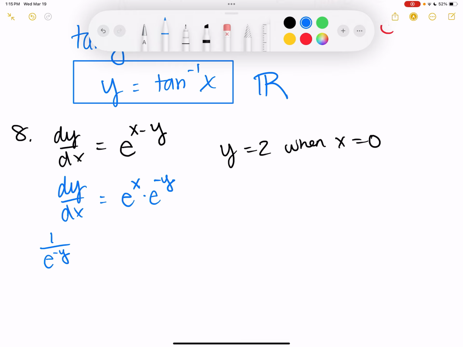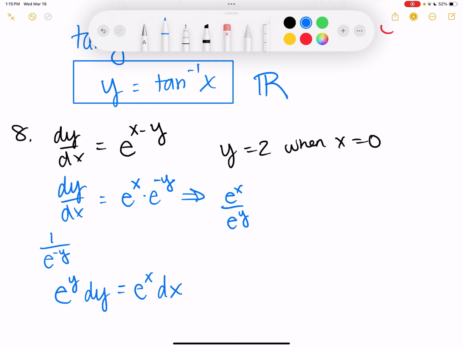No. Or do you mean e to the y? e to the y equals, yeah. One moment. Now, in this intermediate step, I could have also done e to the x over e to the y and then just multiplied by e to the y. It's really the same amount of work either way.